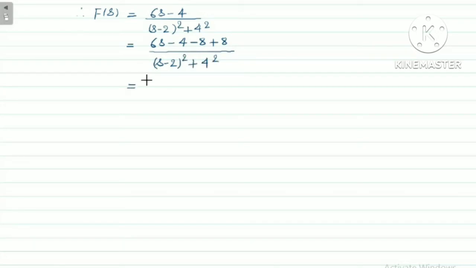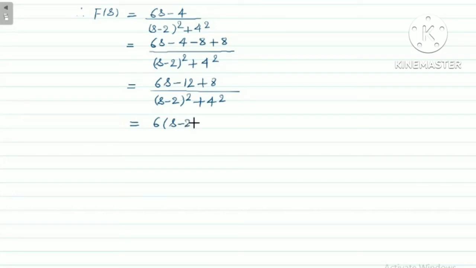Now simplify this: 6s minus 12 plus 8 divided by s minus 2 whole square plus 4 whole square. So this equals, taking 6 common from the numerator, 6 times s minus 2, plus 8, divided by s minus 2 whole square plus 4 square.